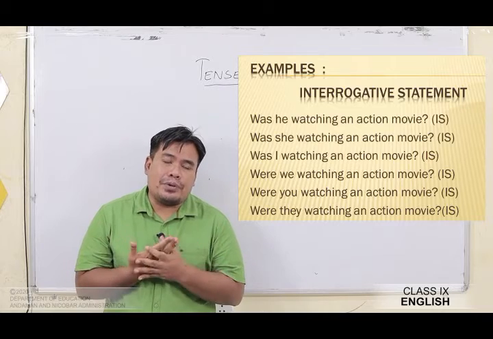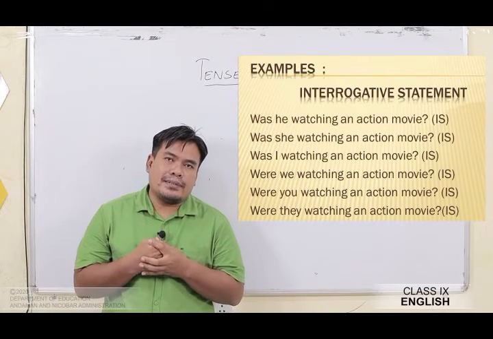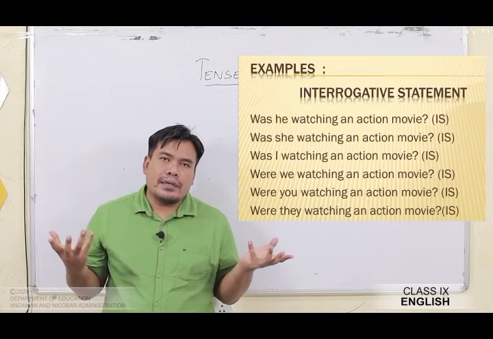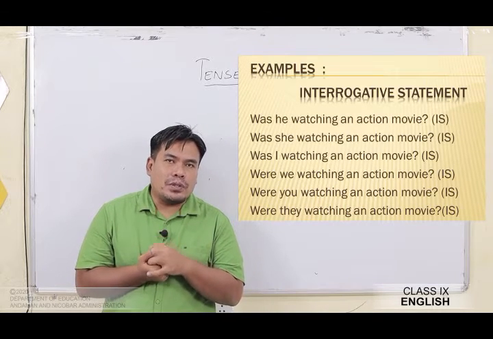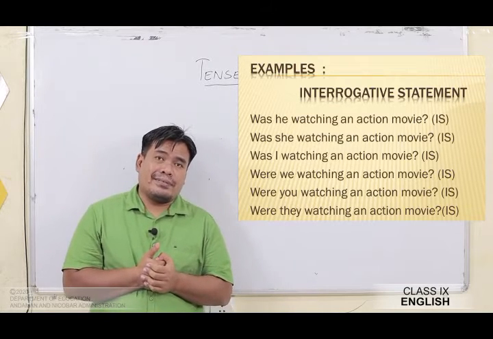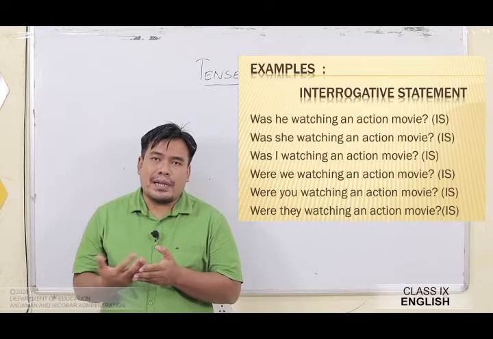Like, for example, I would use, I was eating. I'm positive about that. I was eating. Okay? But if I'm negative about what I was doing, I can say it like this: I was not eating. That's a negative statement. I'm going to tell a person that I was not eating.